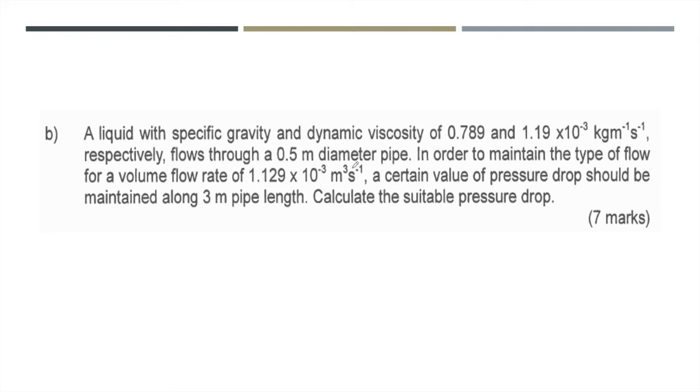Therefore, we have to calculate velocity from the volumetric flow rate. We know that the volumetric flow rate equation is Q equal to U times the area. Rearranging this equation, U is equal to Q over A.